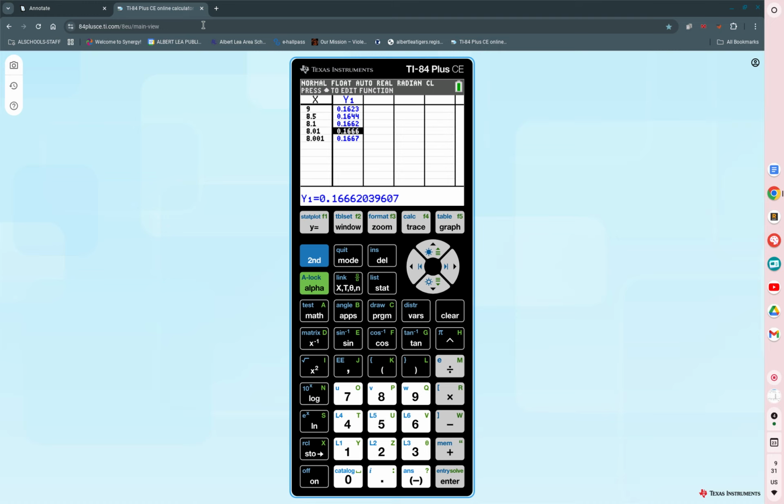1.662, 1.6662, 1.6666. Anybody want to guess what this is headed towards? If you're not convinced, type it in again. 1.666662.